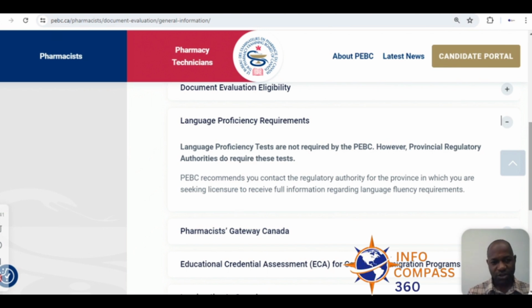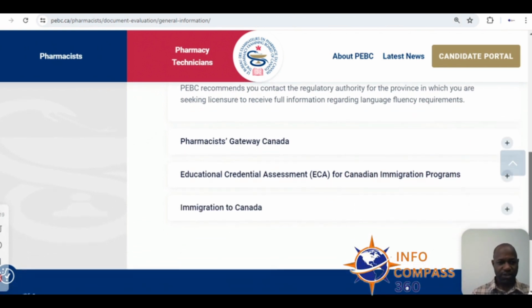Provincial regulatory authorities would require this language proficiency testing, and it is recommended that you contact the regulatory authority for the province in which you're seeking your licensure to practice to receive full information regarding the language fluency or proficiency requirements.